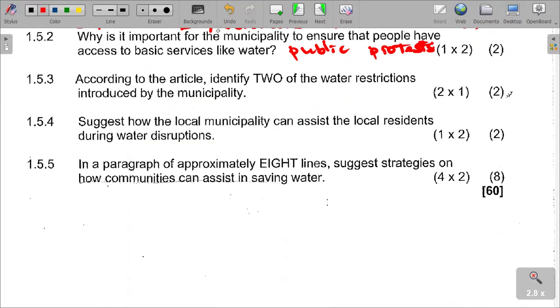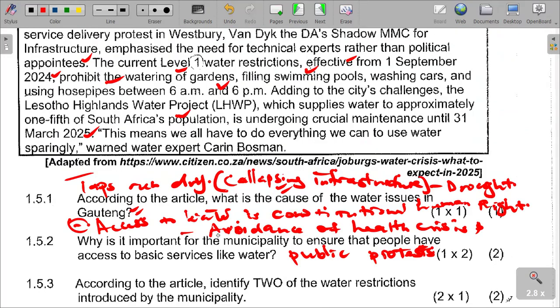And then, according to the article, identify two water restrictions introduced by the municipality. We are seeing the restrictions there. We have a lot of restrictions that add to the challenges. The current level 1 water restrictions effective from September prohibit the watering of gardens, filling swimming pools, washing cars, and using hosepipes between these times.